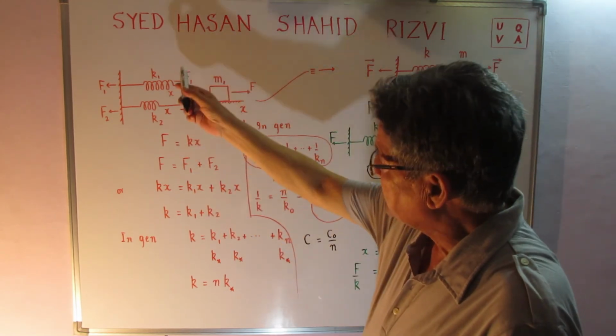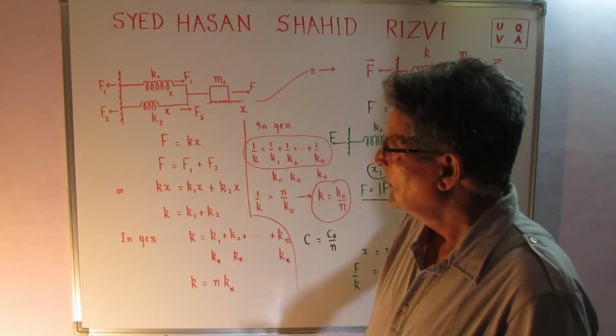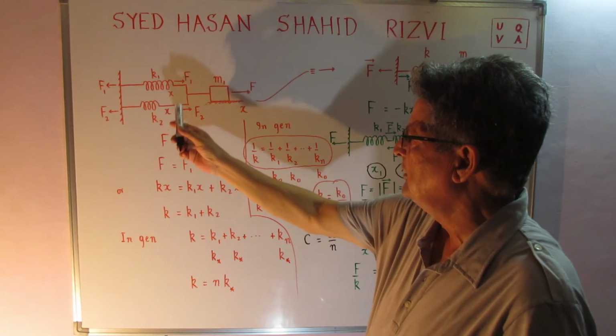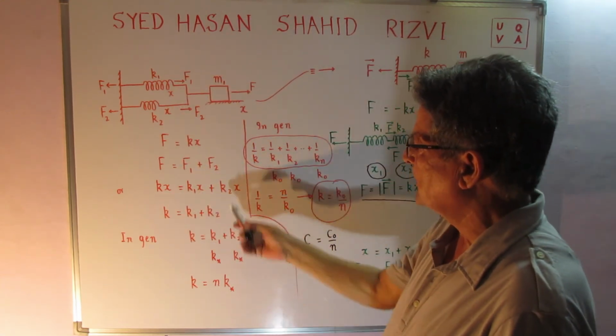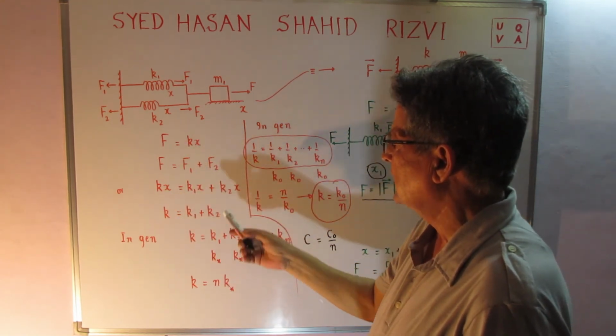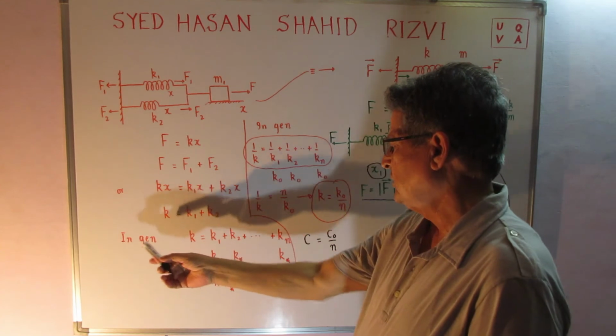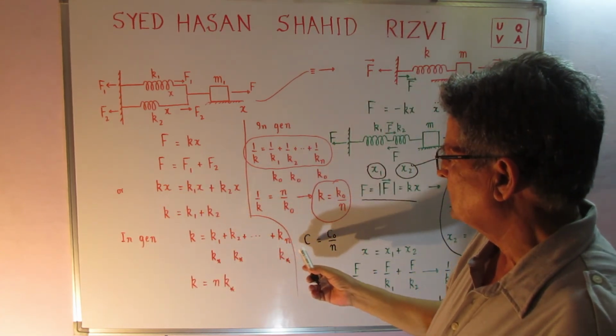The displacement of all springs is the same because they are in parallel, the same x here, x here, x here. So I can write kx is equal to k1x plus k2x, x cancels, and k becomes equal to k1 plus k2, and in general k is equal to k1 plus k2, etc.